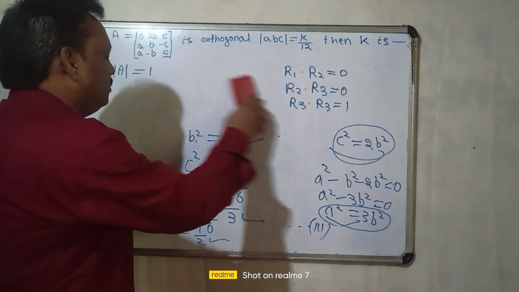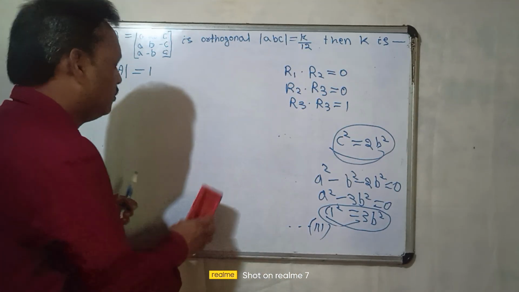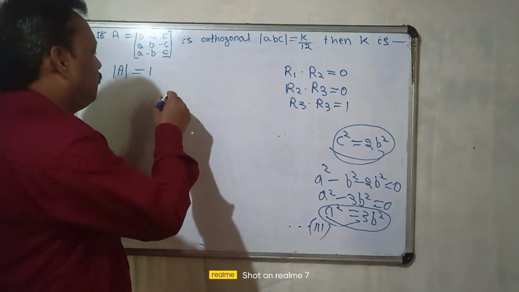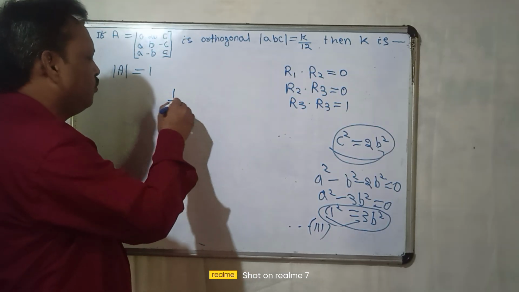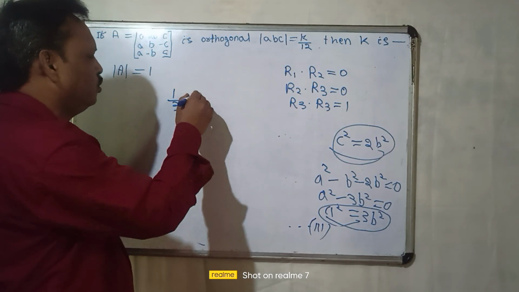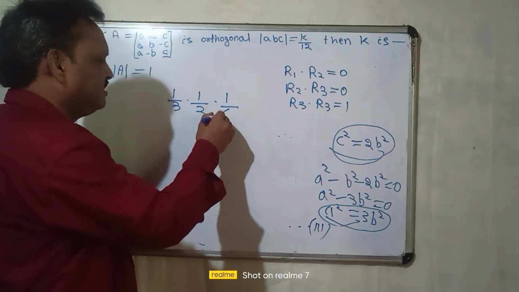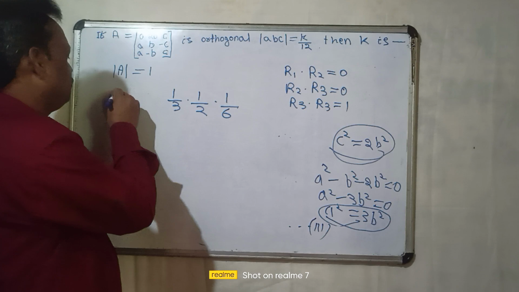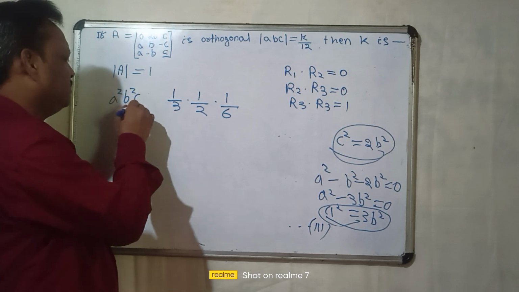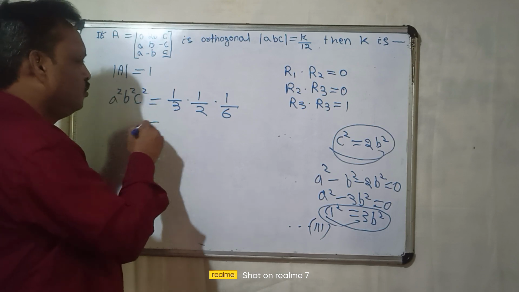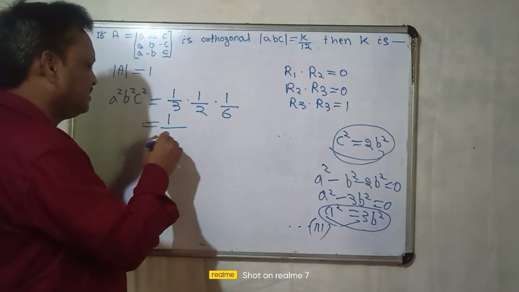Now we get a square, b square, c square as 1 by 2 into 1 by 6 into 1 by 3, that is equal to 1 by 36.